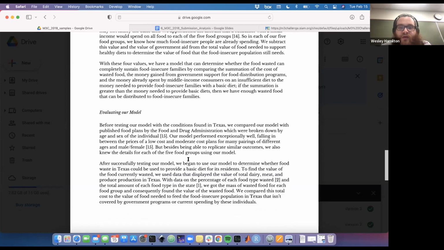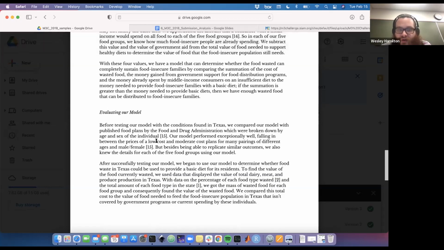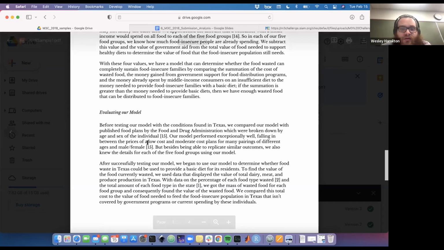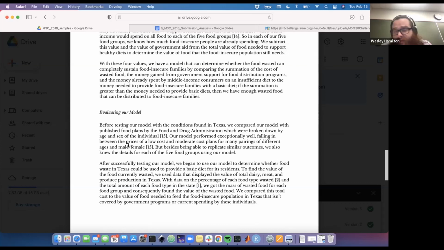Okay. So then they say, for testing our model with Texas, we compared it to other published food plans that the FDA has. They give a reference. Our model performed exceptionally well. Yeah, and so one thing that jumps out to me, maybe a little more information about this might have been helpful to see or justify.